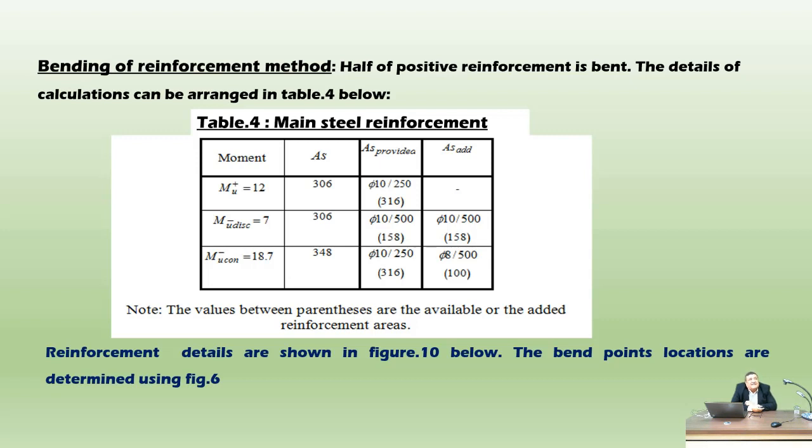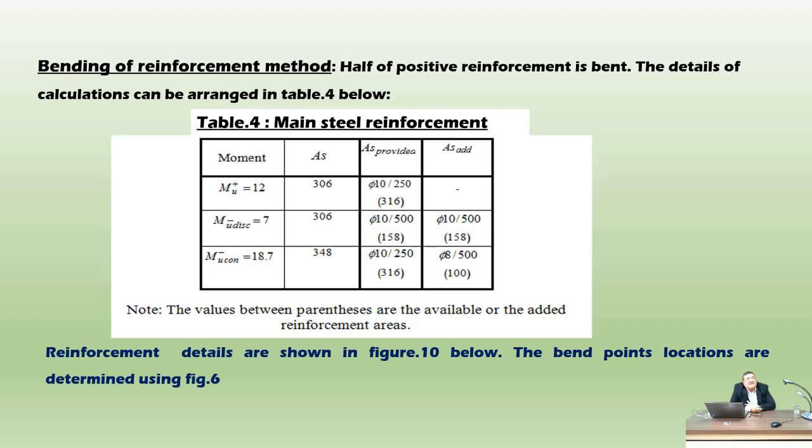This reinforcement is 5φ10 over 500 millimeter, which provides 158 square millimeter. The sum of the provided and added reinforcement is 316 square millimeter, which is greater than 306 square millimeter. Okay.